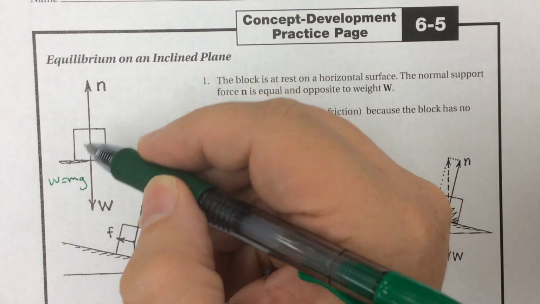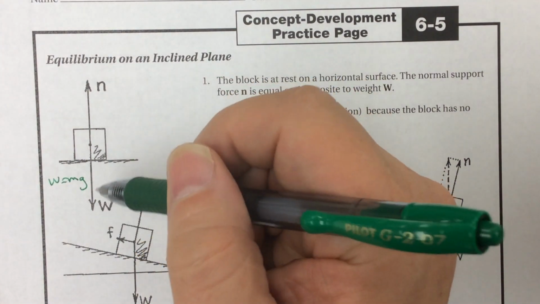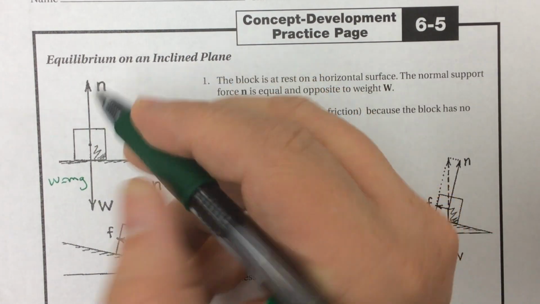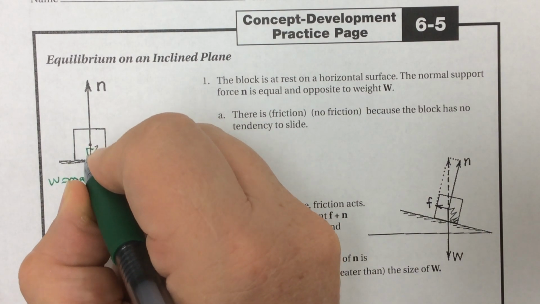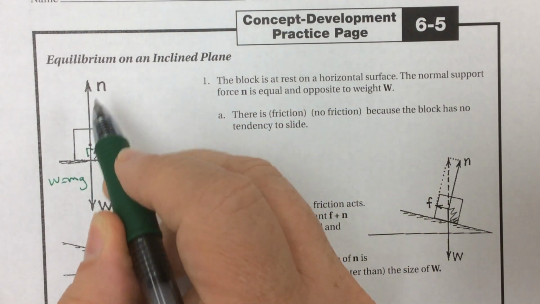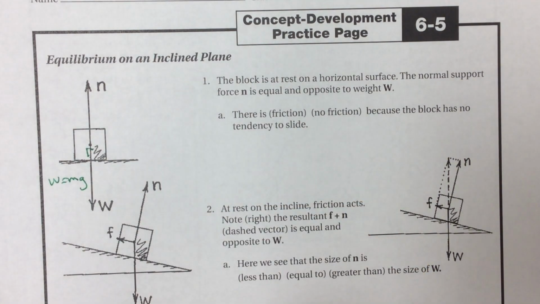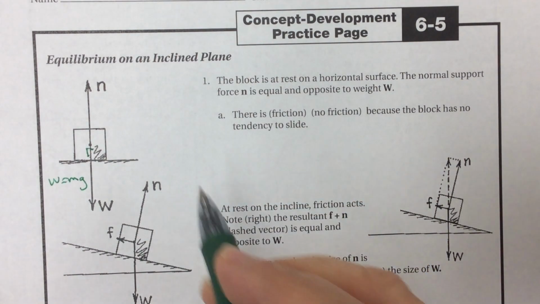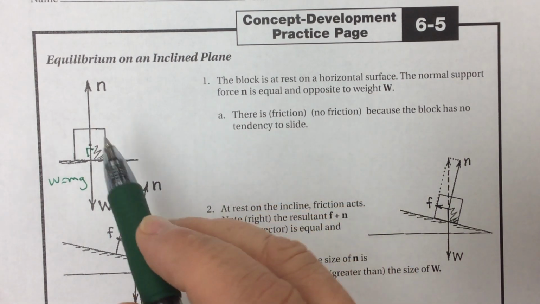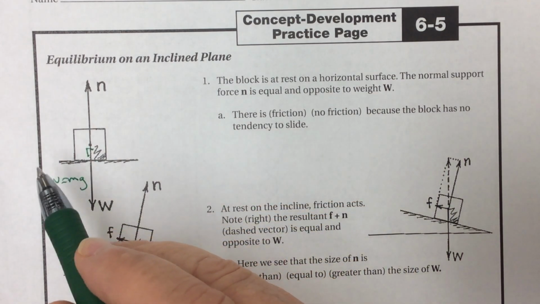The reason it's not accelerating through the floor is because there's a support force from the floor called the normal force. And remember, normal is a 90-degree angle to the surface, and there's a support force, so that's why it's not accelerating downward.